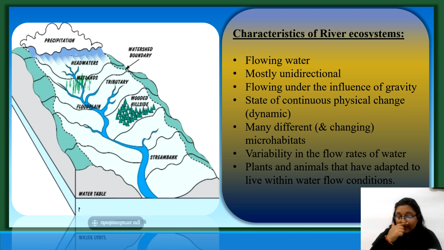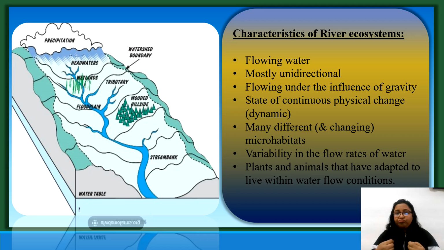Then the plants and animals in different zones of the rivers are adapted to the water flow conditions. Like if there is a river in hilly areas, the fishes, just for an example, which live in those hilly areas are well adapted to survive those unique ecosystems, unique habitats, right?